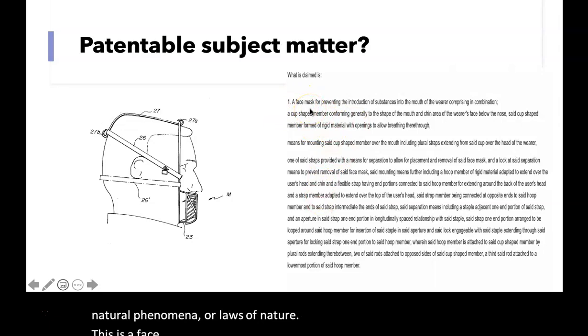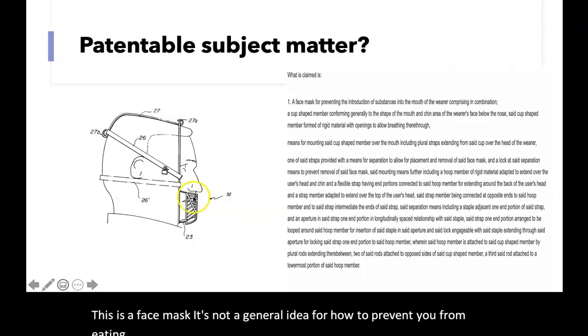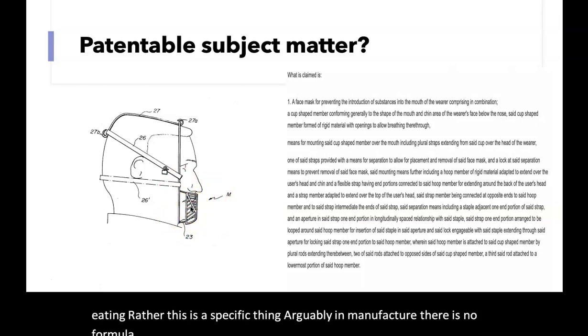It's not a general idea for how to prevent you from eating. Rather, this is a specific thing, arguably a manufacture. There is no formula involved, and it is not a natural phenomenon. So this should be an example of what easily passes patentable subject matter.